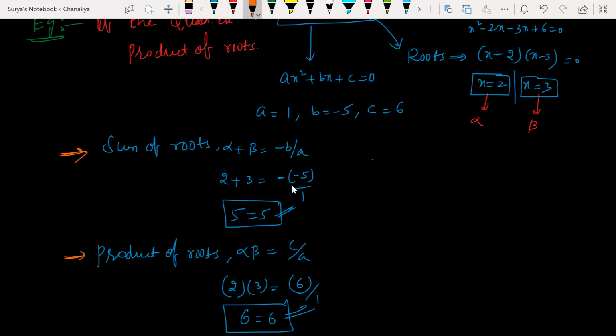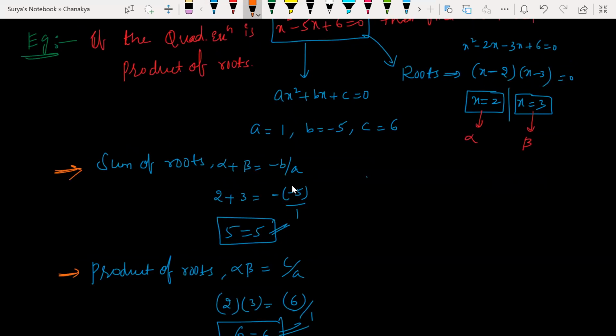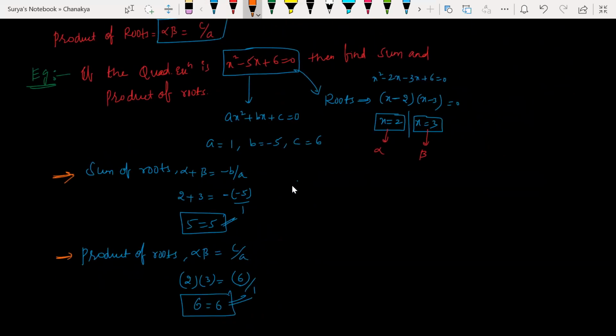So what I understood from this now, I just derived for you how it is going to work. I have given one equation, this is my quadratic equation, and I'm asking you to find the sum and product of roots. But I do not know the roots. But I know how to find roots. See, this is the procedure for finding the roots, right?